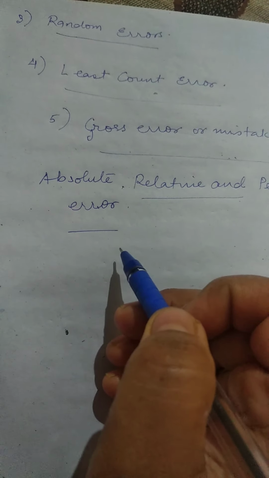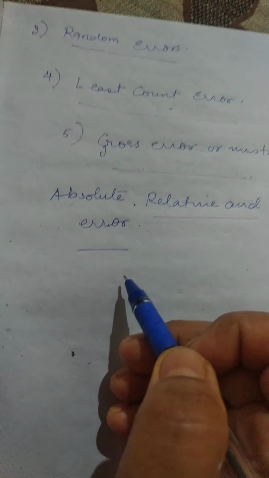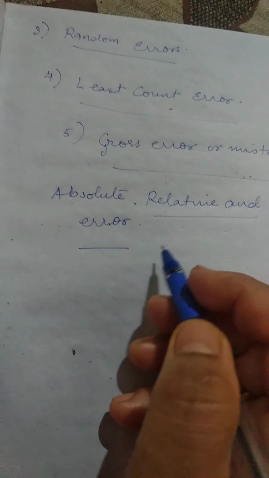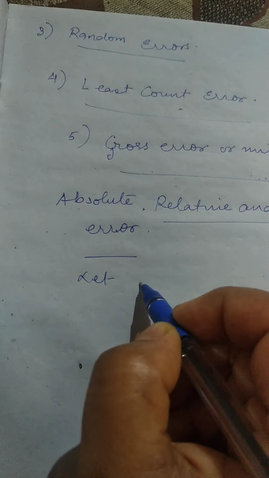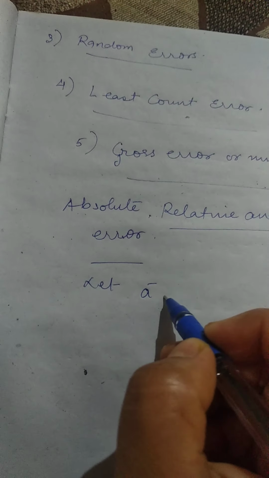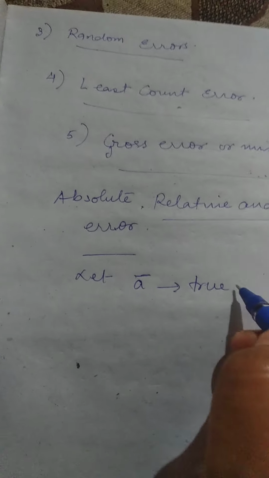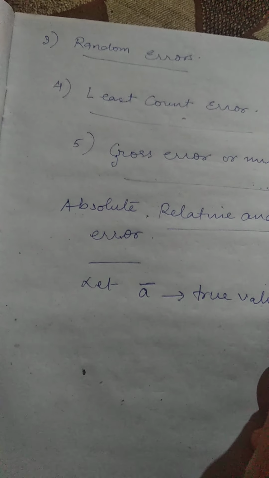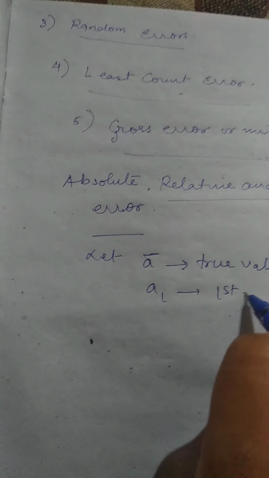If we take the arithmetic mean, how will you express the absolute error? Let us write a bar as the true value, and a1 is the first reading.